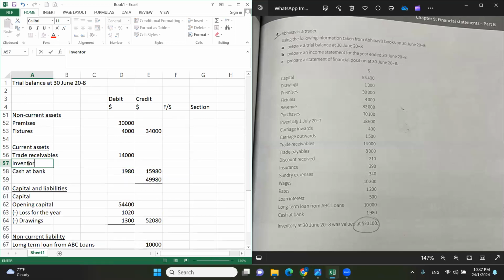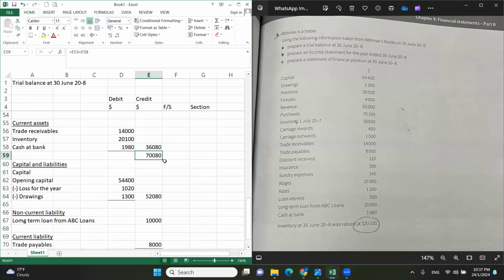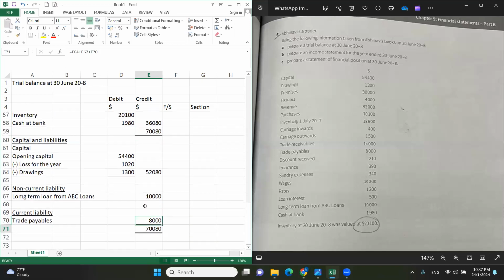I missed out already. Okay, inventory, which is this one, 20,000. Had to put into current asset. So this one, I should plus the closing inventory. So the answer same already. So the accounting equation same. That means the account should be correct. Okay, that's all.